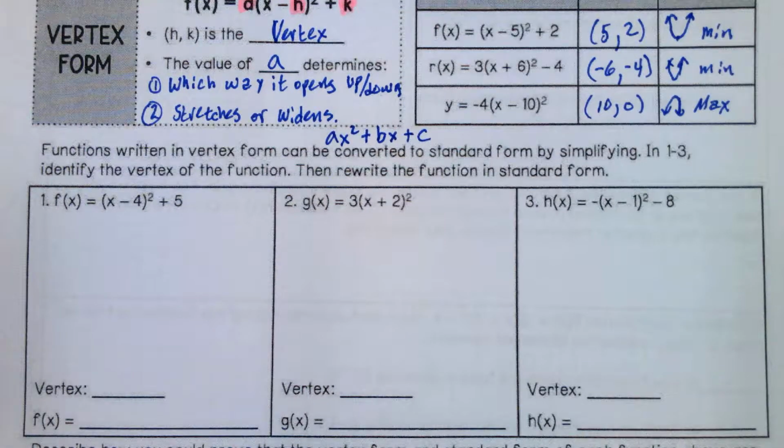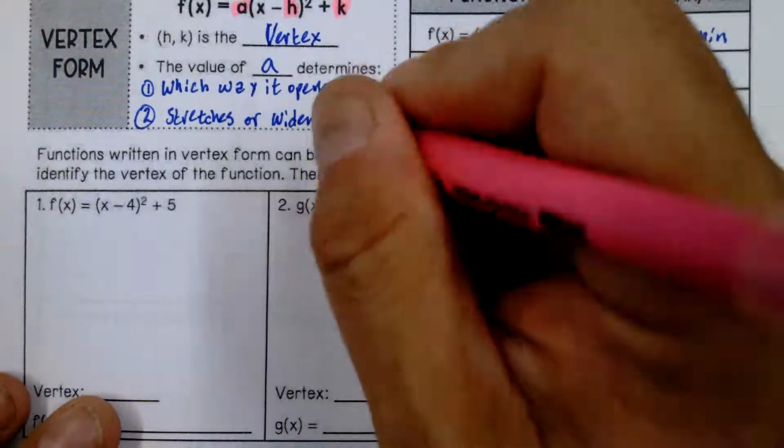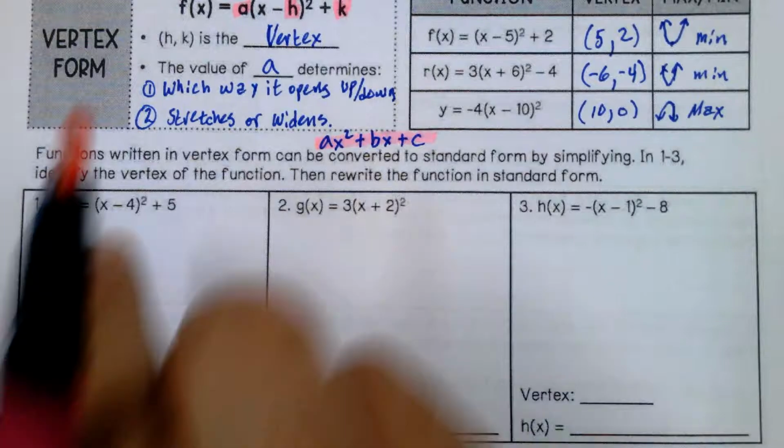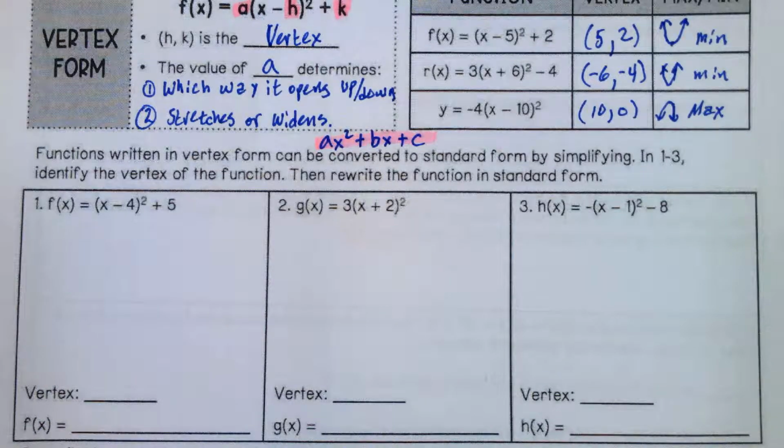That's standard form. So what we want to do is rewrite our equations that are in vertex form into standard form. And all it is is doing a little algebra that we've already learned. So let's practice it, okay?